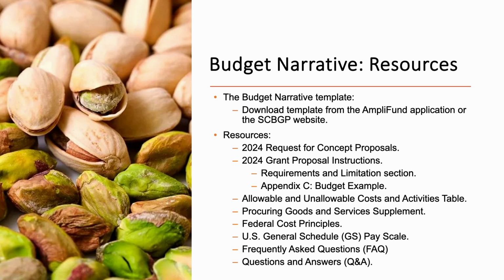Remember that state, local, or Indian tribal governments, nonprofits, colleges, and universities are subject to 2 CFR 200, and for-profit organizations are subject to 48 CFR subpart 31.2. Remember, if you have questions, we encourage you to participate in our question and answer process.